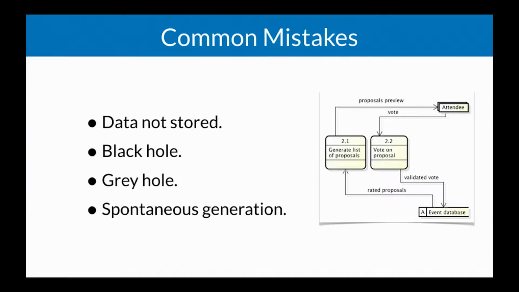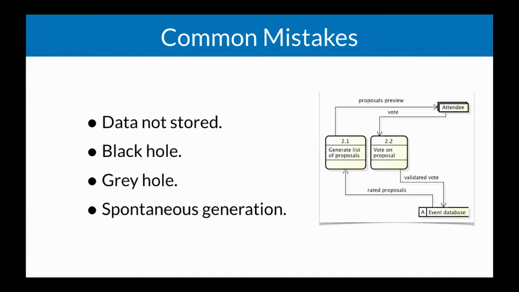A gray hole is a bit more tricky. Data is still going in, but what goes out is inconsistent with what goes in. For example, you want to process a credit card transaction. You gather a bunch of data. You gather the credit card number, the expiry date, the CVV, but you forgot to ask for the cardholder's name. If you don't have the cardholder's name, some systems will reject it.